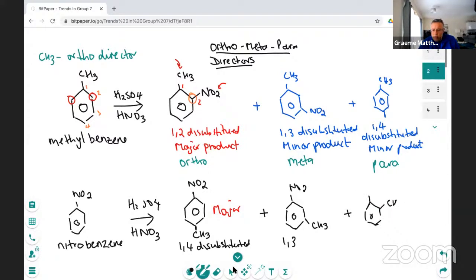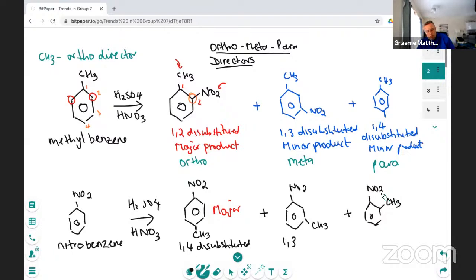Oops, not methyl there. That's got to be nitro right here like this.